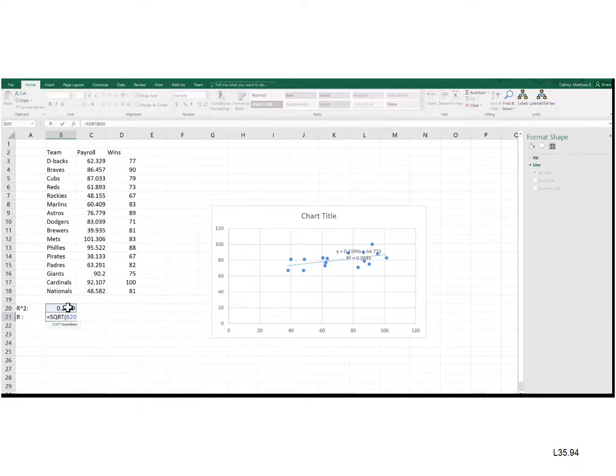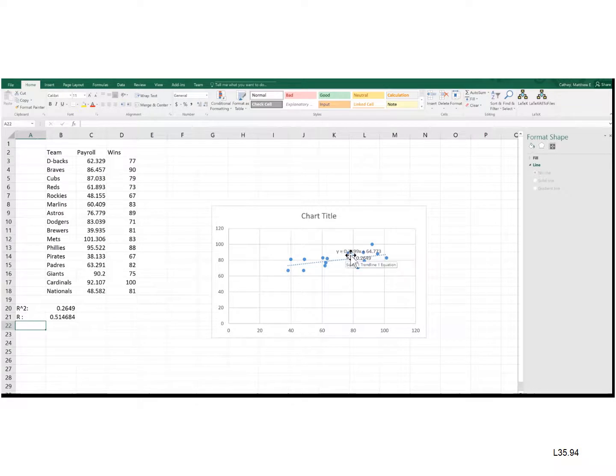I know it's the positive square root because the slope is positive. If it had been a negative slope, we'd use the negative square root. But that gives us an r value of 0.514. So remember, our dividing line between a weak relationship and a strong relationship was about 0.7. So this is a fairly weak relationship.